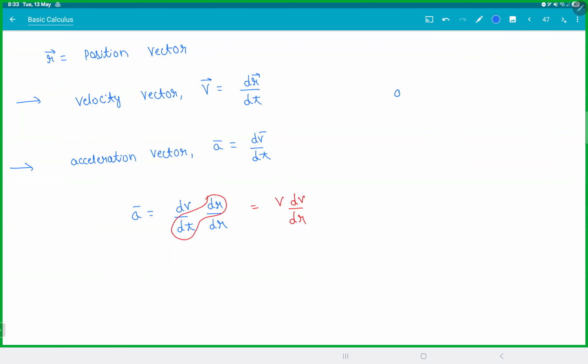You can write acceleration as dv by dt; use this if v is given in terms of time. If someone gives you v in terms of time and asks for acceleration, use dv by dt. Use the other one if v is given in terms of position.